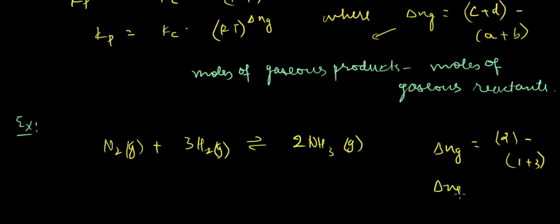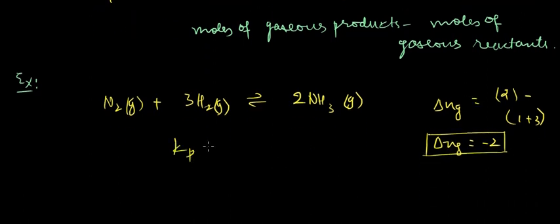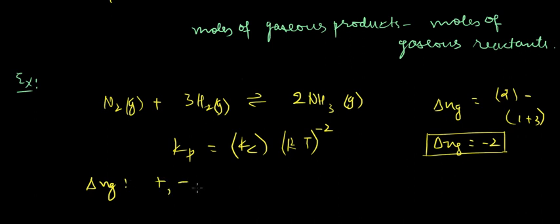Delta Ng would be minus 2. So the relation between Kp and Kc would be Kp equals Kc RT to the power minus 2. Please note that delta Ng can be positive, negative or 0 as well. All three cases would be there.